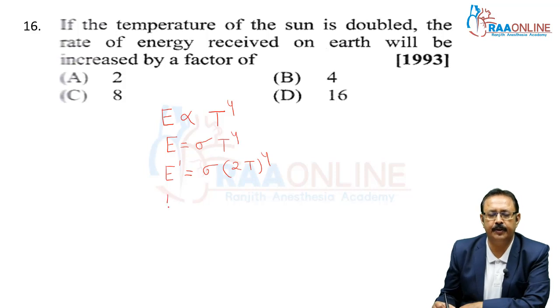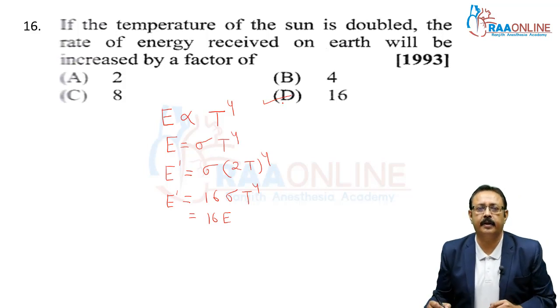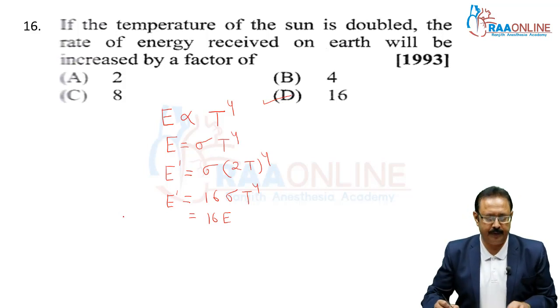So clearly you can see that E dash is equal to 16 times sigma T^4. And what is sigma T^4? Initial energy. So by what factor is energy increased? Definitely by 16. It will become 16 times.